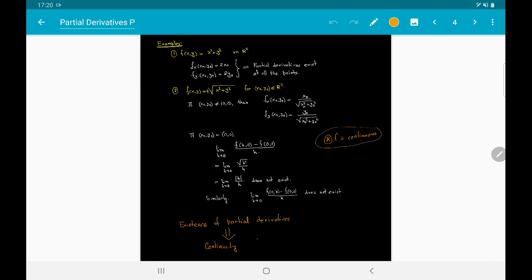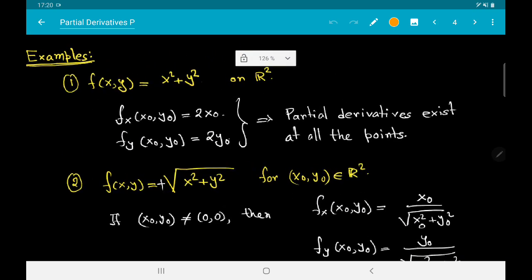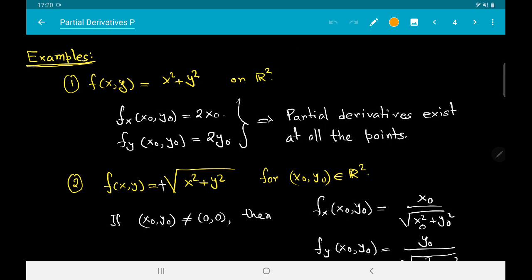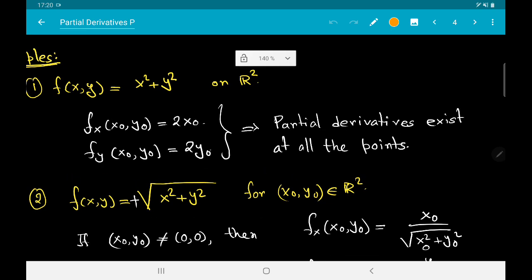Let me give you some examples of partial derivatives, some easy examples. Suppose I take f of x, y to be x square plus y square. Then you can see that the partial derivatives exist at all points. Let us look back at our recipe on how we computed partial derivatives. Suppose I wanted to check whether the partial derivative of f exists at the point x0, y0, or simply compute it.